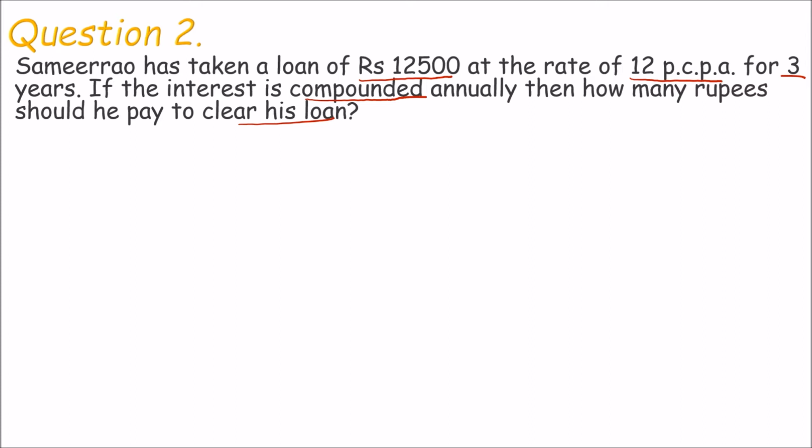The amount which he has taken as a loan is known as principal. So here principal equals 12,500. Here the rate of interest is 12 PCPA, 12% per annum, and the number of years, the duration, that is n, is 3 years.